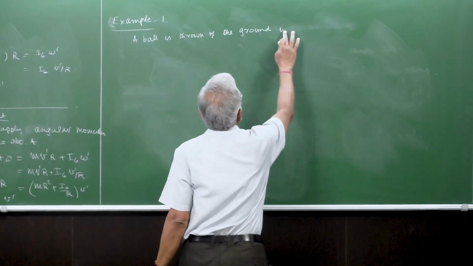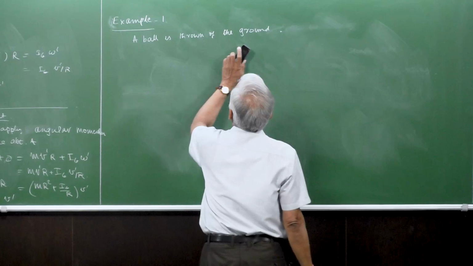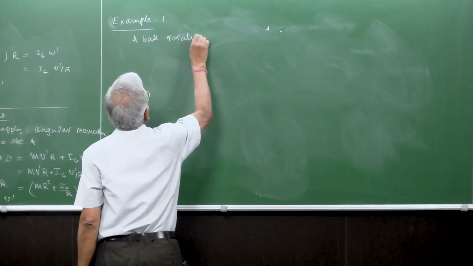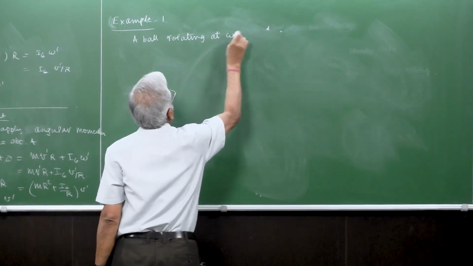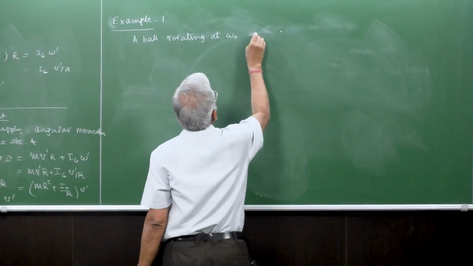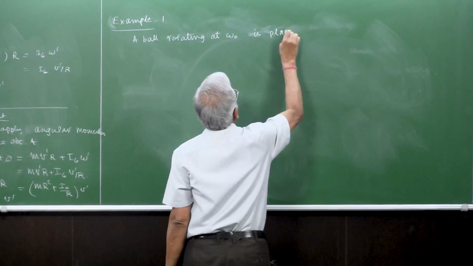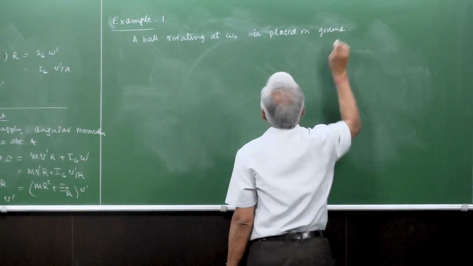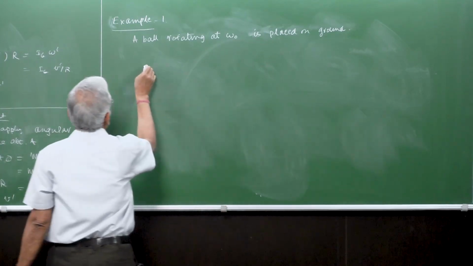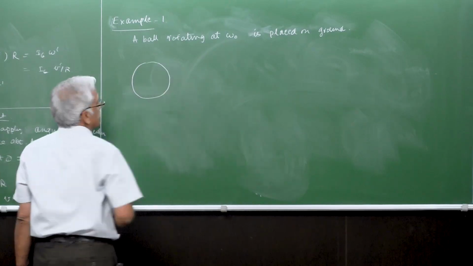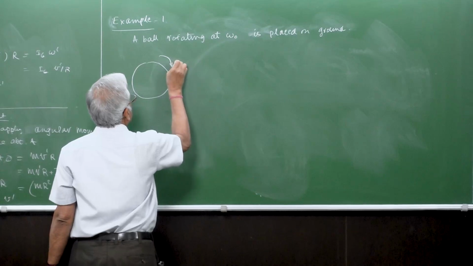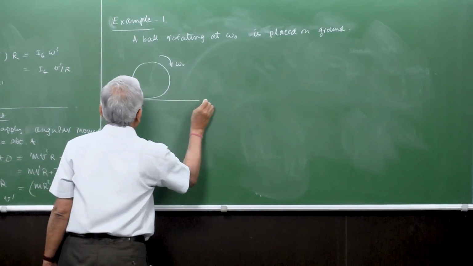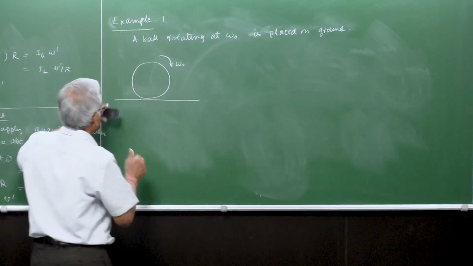Instead of throwing the ball on the ground, a ball rotating at omega naught is placed on the ground.